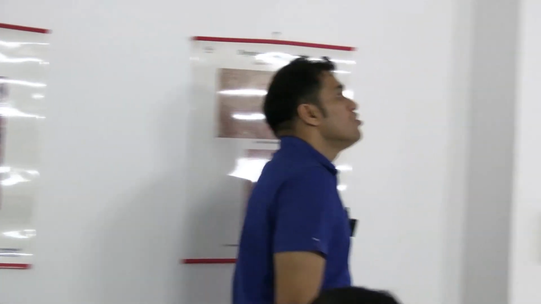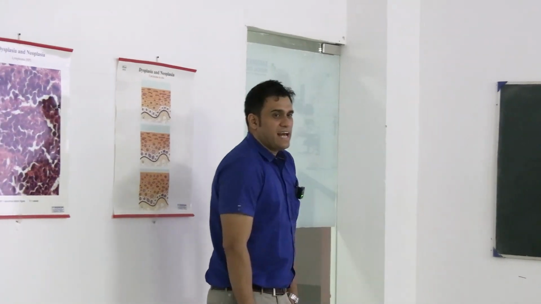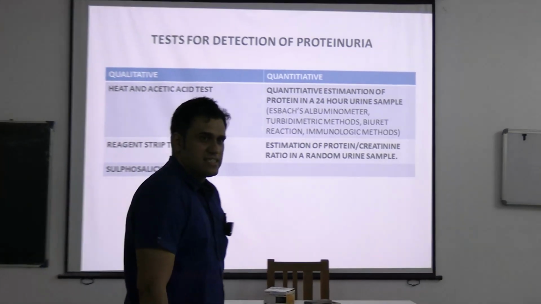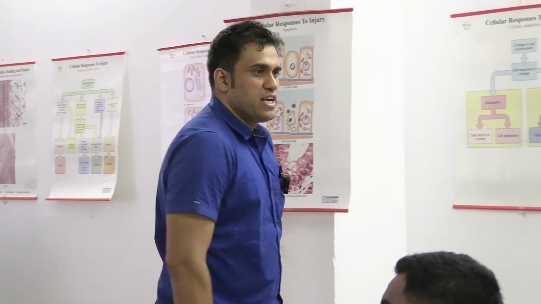The qualitative tests that we will do today are the heat and acetic acid test, the reagent strip test and the sulfosalicylic acid test. The heat and acetic acid test and the reagent strip test are predominantly for albumin.